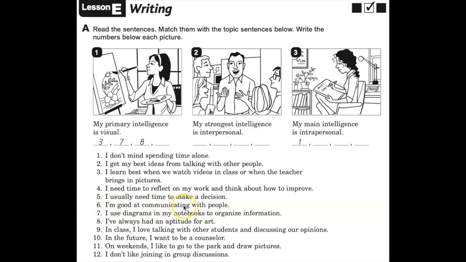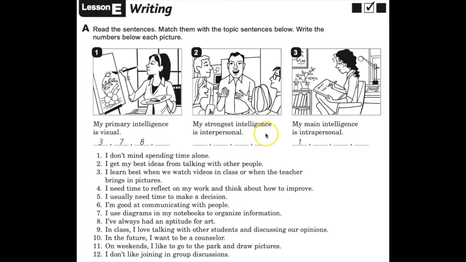6, I'm good at communicating with people, is interpersonal. Write that there. 7, I use diagrams in my notebooks to organize information. The worksheet did it for you right there. 8, I've always had an aptitude for art. That's visual. 9, in class, I love talking with other students and discussing our opinions. 9 is interpersonal. 10, in the future, I want to be a counselor.